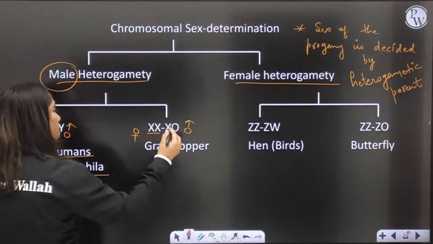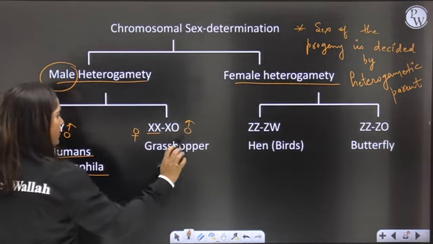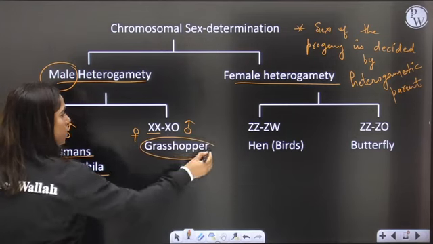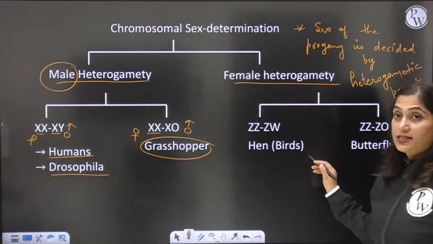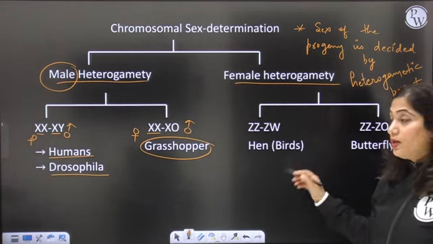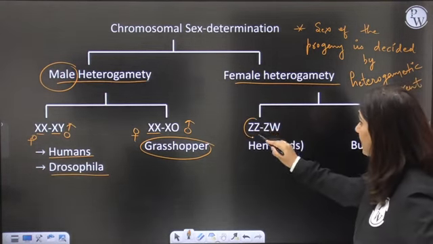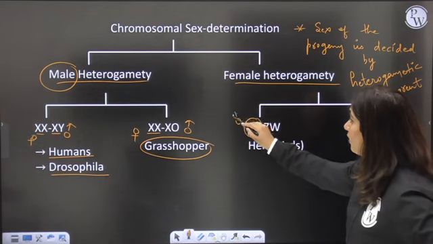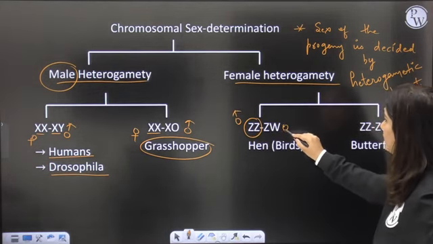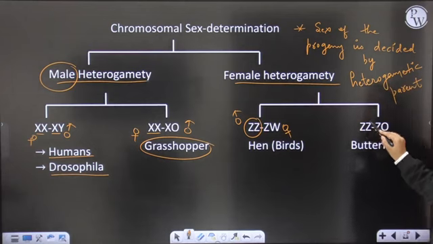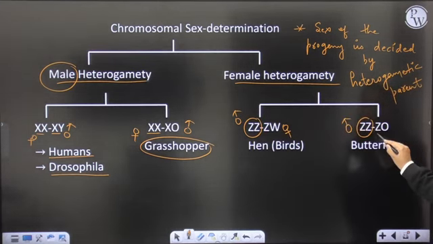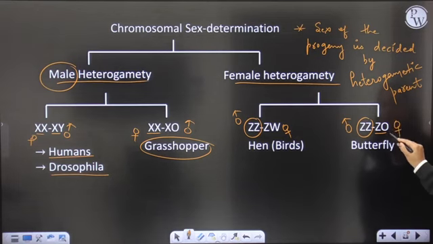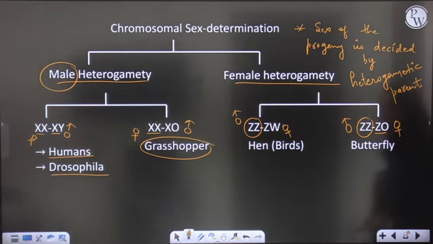Here also the male is heterogametic, example grasshopper. In female heterogamety, the female decides the sex of the progeny and the female is heterogametic. Here ZZ is male and ZW is female. Here also ZZ, the homogametic parent, is male and ZO is the female. O means the female has only one sex chromosome.